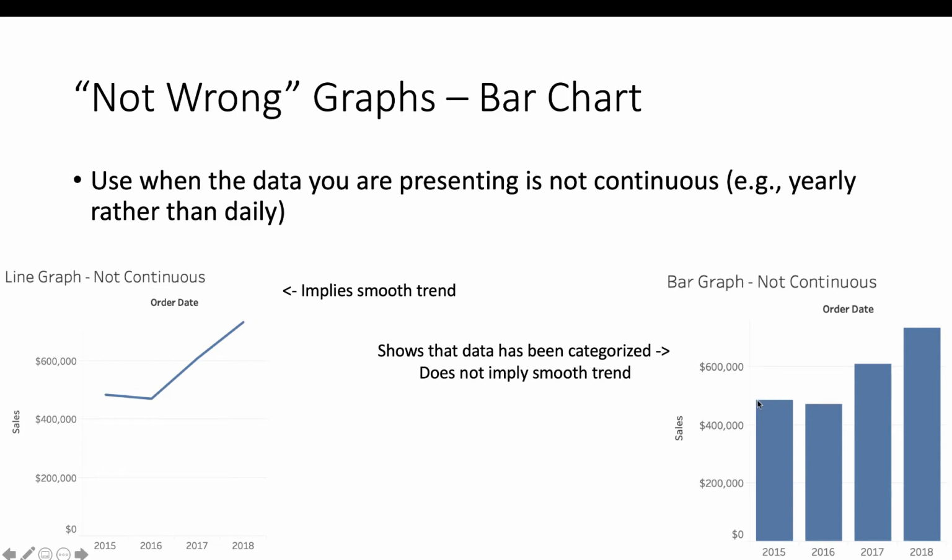So when we're talking about categorized data, we typically want to use the bar graph. It implies better visually that we've summarized these years, and that we are not trying to imply that there is a particular smooth trend.